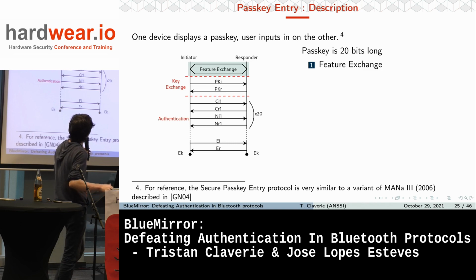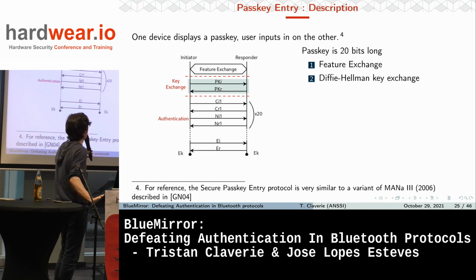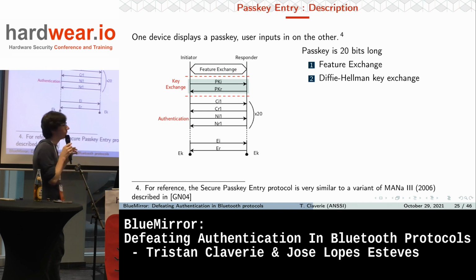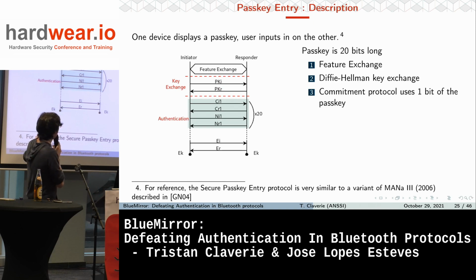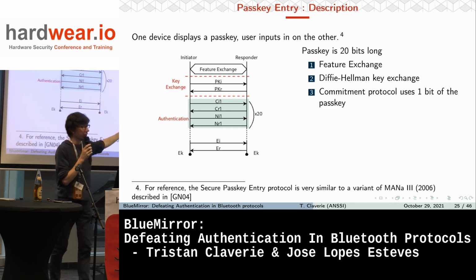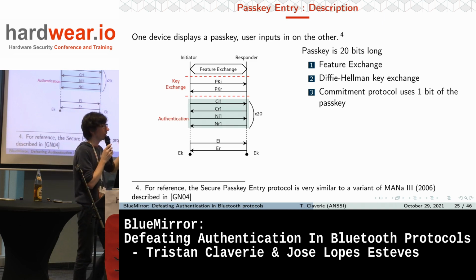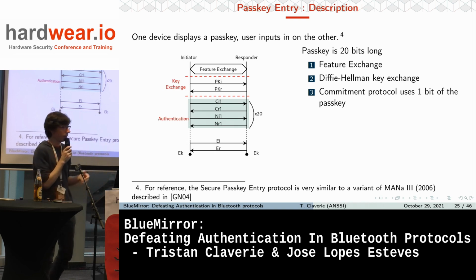You've got the feature exchange step, so they choose to use secure passkey entry. Then they perform a Diffie-Hellman key exchange. Then they perform a commitment protocol, but each commitment uses only 1 bit of the passkey. So they basically authenticate their public key with 1 bit of the passkey at a time.